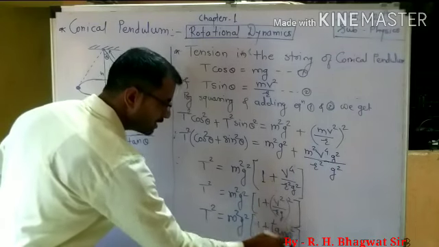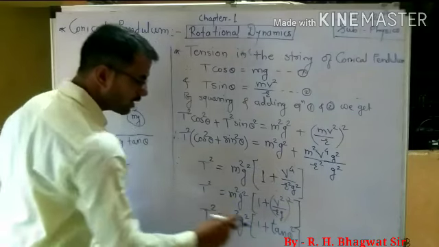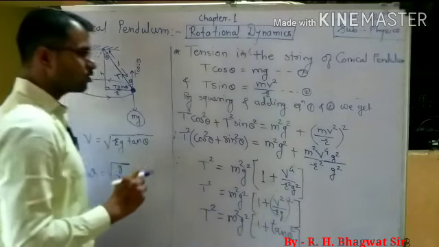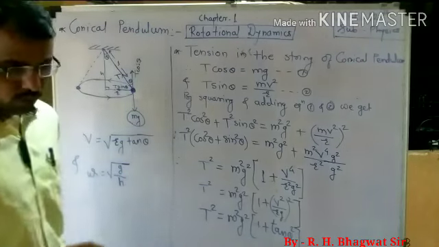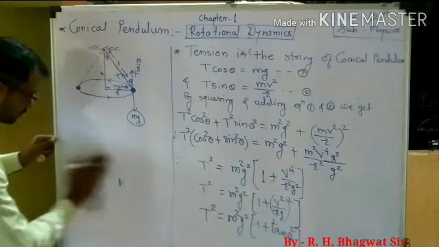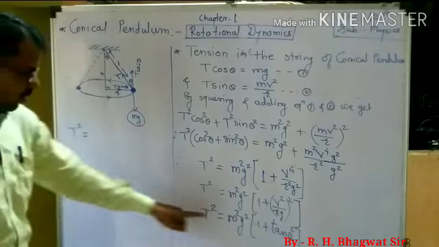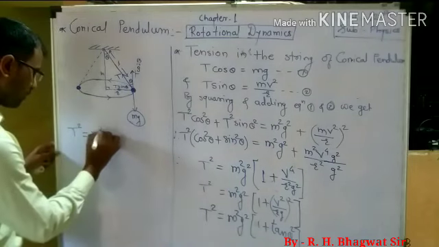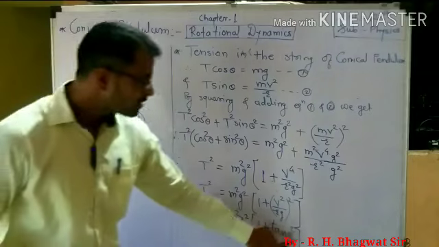V square upon rg is tan theta and (v square upon rg) whole square is tan theta whole square. Now let's consider T square is equal to m square g square in bracket 1 plus tan square theta.